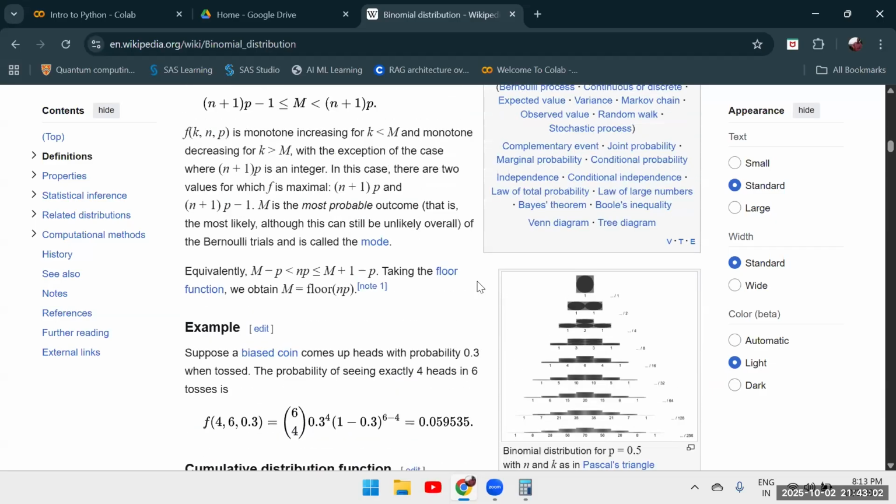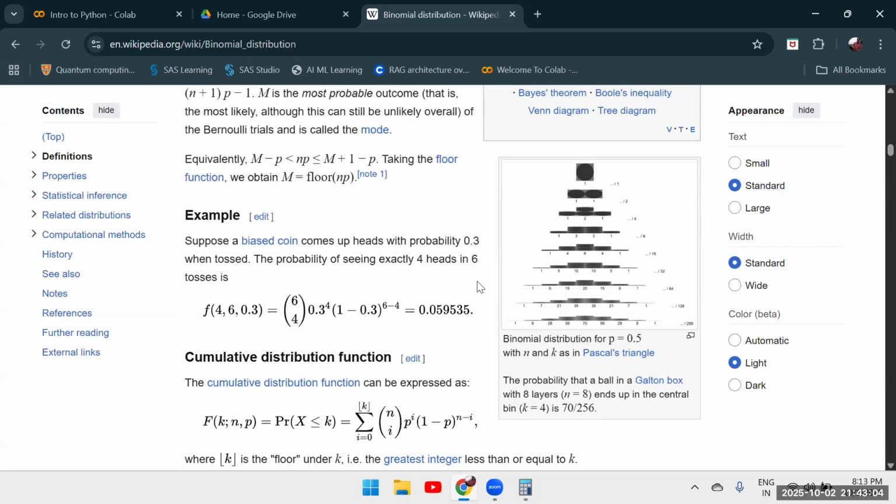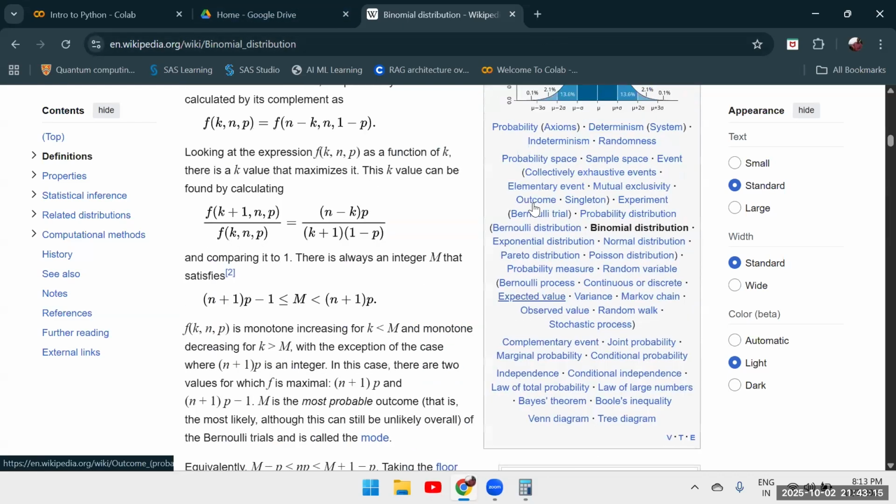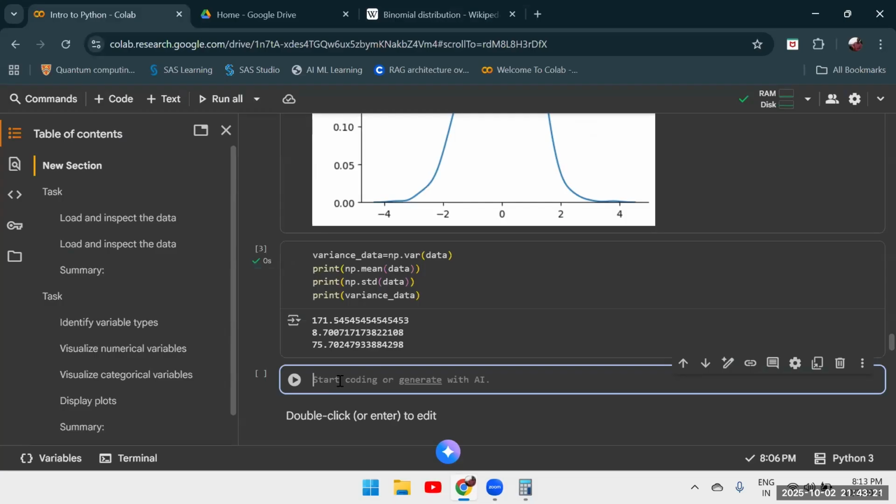Don't worry much about the formula, but just understand that binomial distribution deals with uncertainties and certainties. There is a particular equation for how this works. Everything is already fed into Python, so you don't have to remember any of these formulas or complex things. You just need to know how to call this particular formula and how it will work.